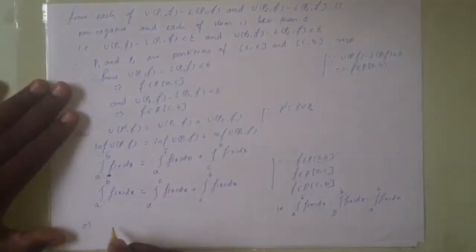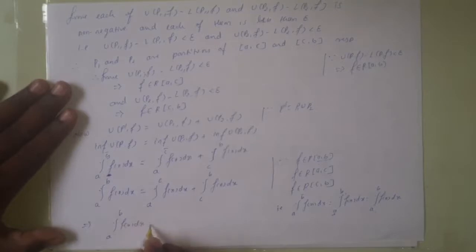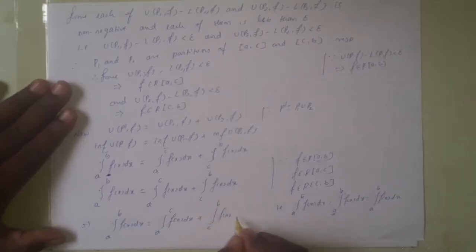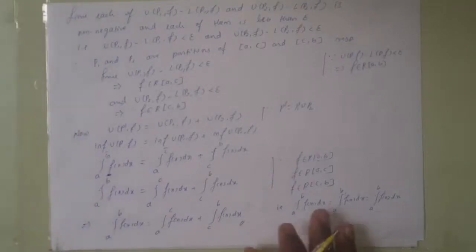So, therefore, the result is integration over a to b f of x dx is equal to integration over a to c f of x dx plus integration over c to b f of x dx, hence the result.